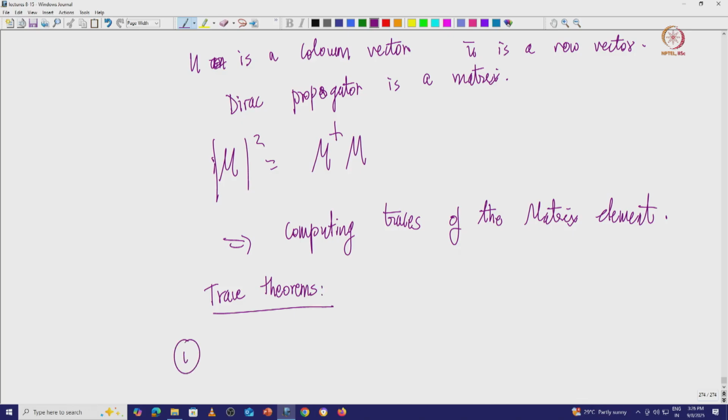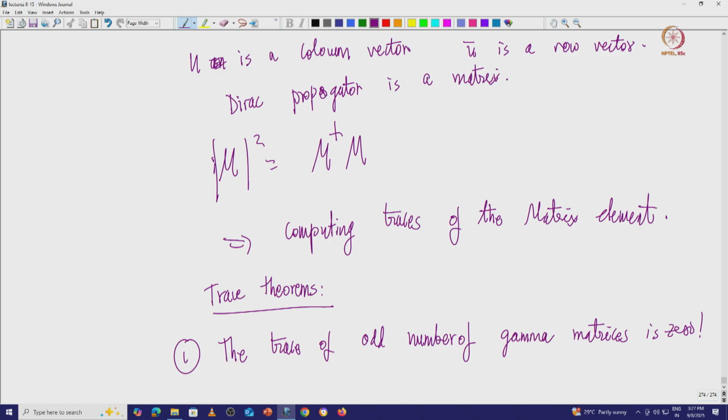One of the first theorems is that the trace of an odd number of gamma matrices is 0. This is relevant only to Dirac theory, because we are only dealing with Dirac theory.